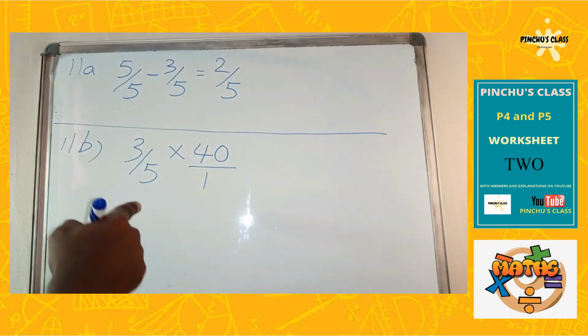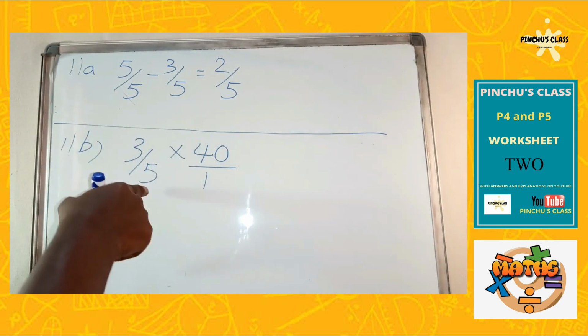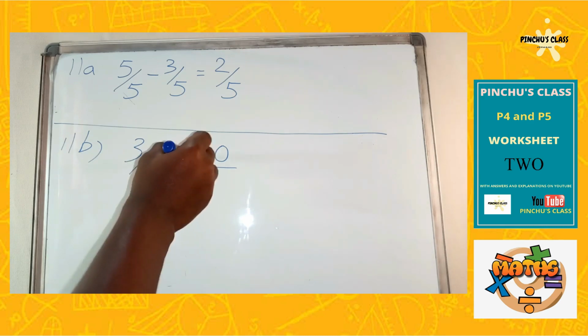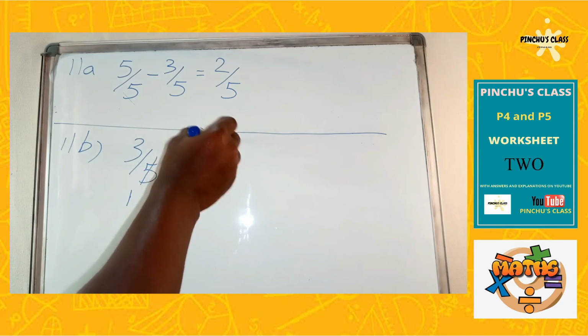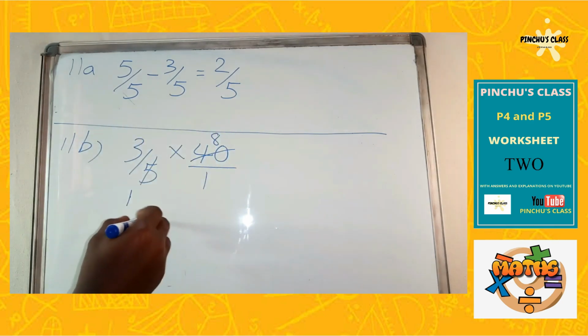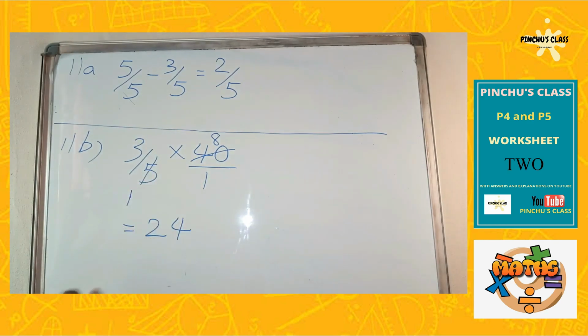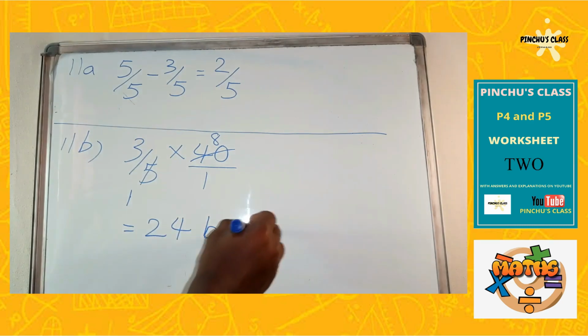We get a common factor, which is 5, and so we divide 5 by 5. This is going to be 1, and 40 by 5 is going to be 8, and therefore 3 times 8 is going to be 24, and 1 times 1 is going to be 1. Even if we don't put it over 1, this shows us that these are the number of boys.